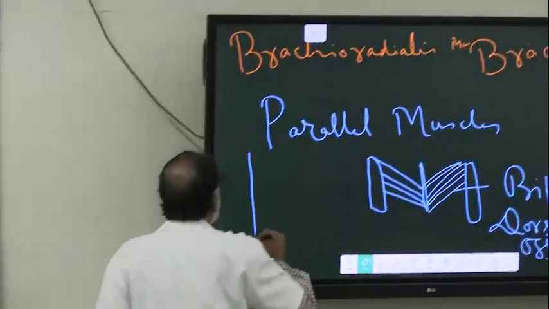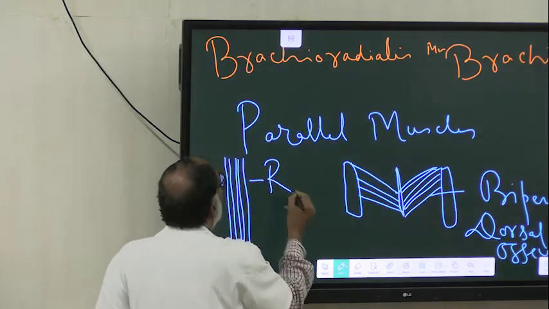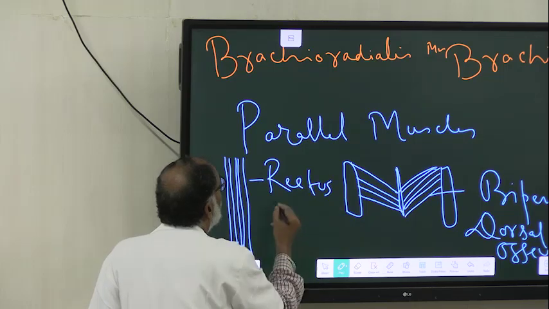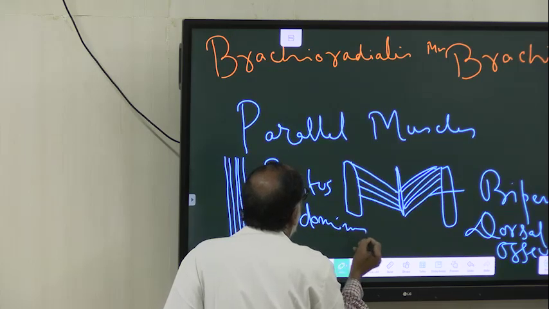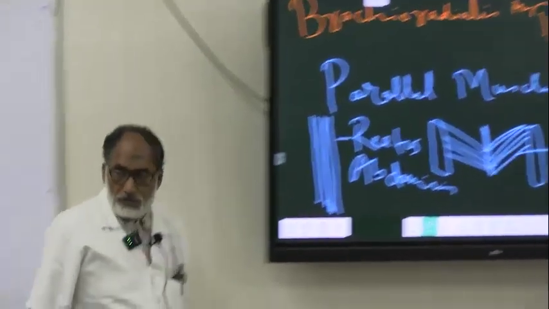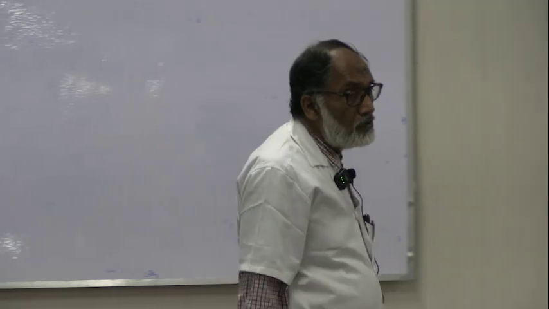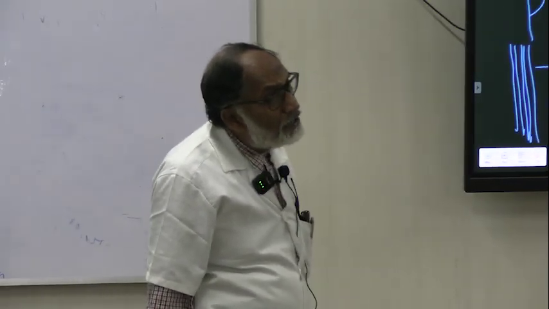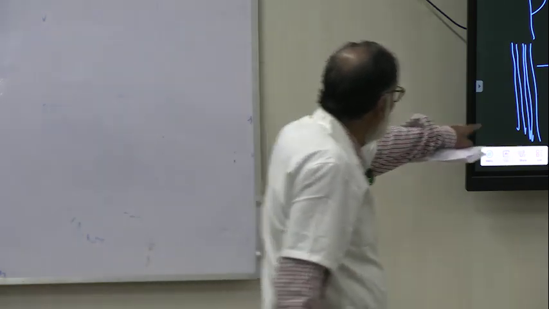Parallel muscle is rectus abdominis. Now multipennate. Pennate, spelled P-E-N-N-A-T-E.